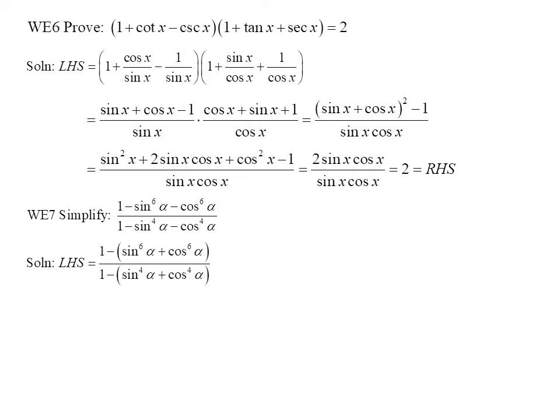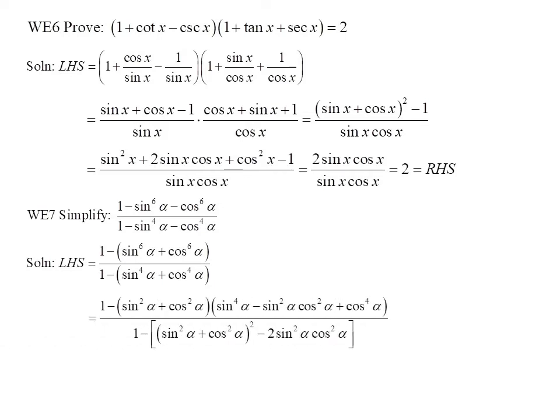Then on the numerator, we may apply the formula of the sum of two cubes to factorize sine to the 6th of alpha plus cosine to the 6th of alpha, which equals (sine squared alpha plus cosine squared alpha) times (sine to the fourth of alpha minus sine squared alpha cosine squared alpha plus cosine to the fourth of alpha).